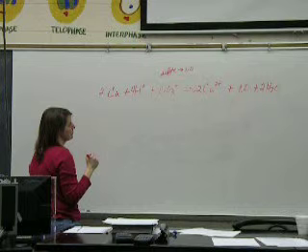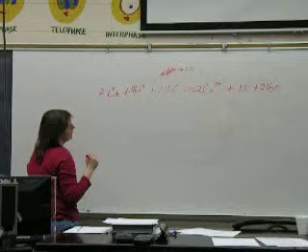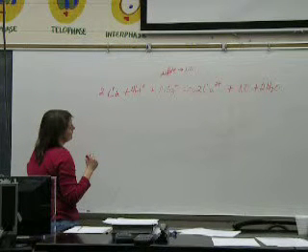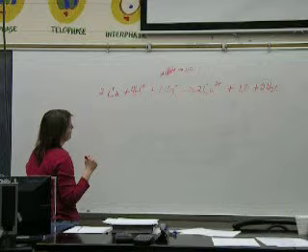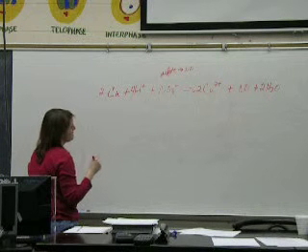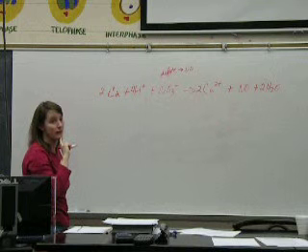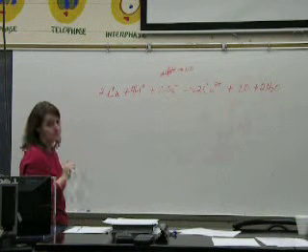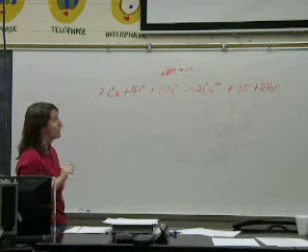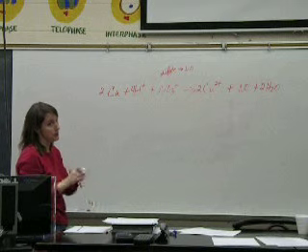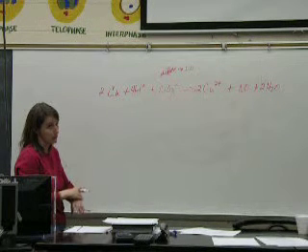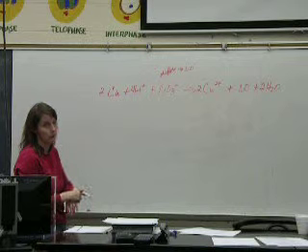Are we balanced yet? Now I still have a net negative charge. Is the copper, the 2+, combined with anything? Yes, it is, but it's a spectator, so we don't have it on there. Is there anything negative on the other side?